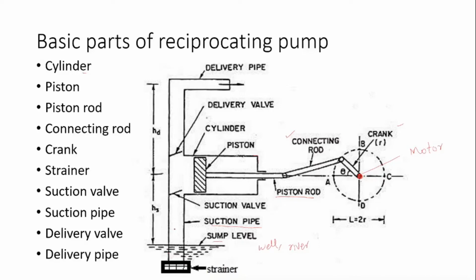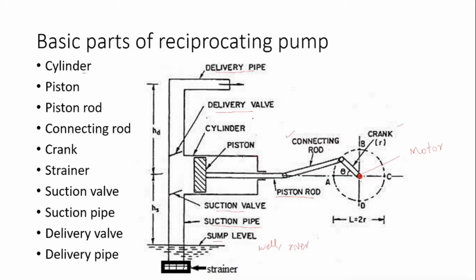Then we have a delivery pipe. The delivery pipe delivers the liquid from the pump to the desired height. At the starting point of the delivery pipe we have a delivery valve. Similarly, at the end point of the suction pipe we have a suction valve.